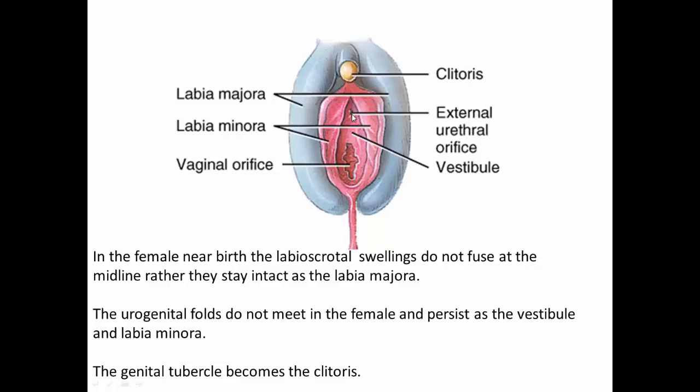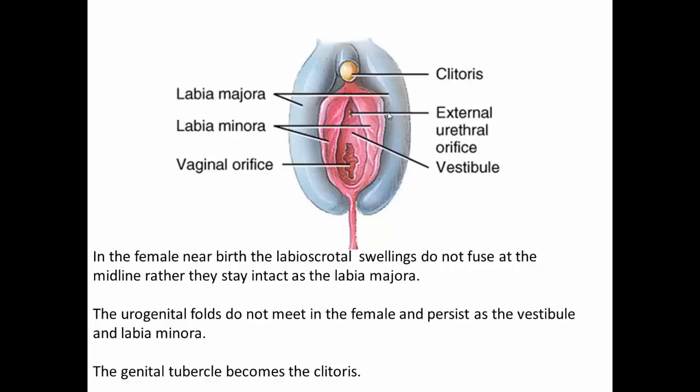The male urethra is going to continue all the way through the penis, whereas in this developmental pattern, the XX pattern, we're going to end up with the urethral opening right here at the vestibule. Now, the swelling that became the male glans penis becomes the clitoris in the female, and you can see it right here.